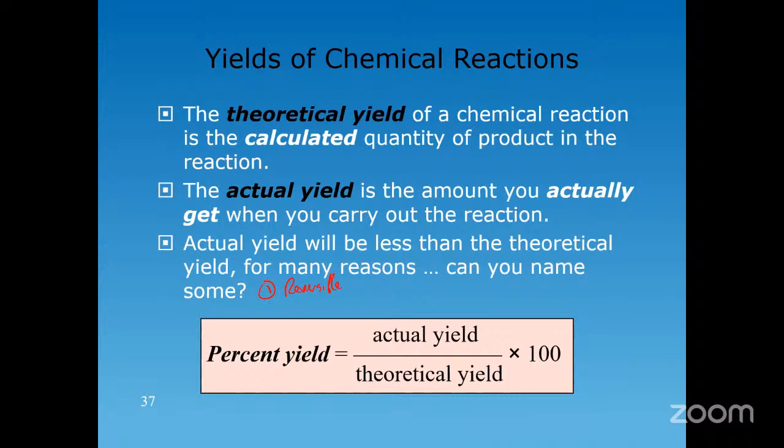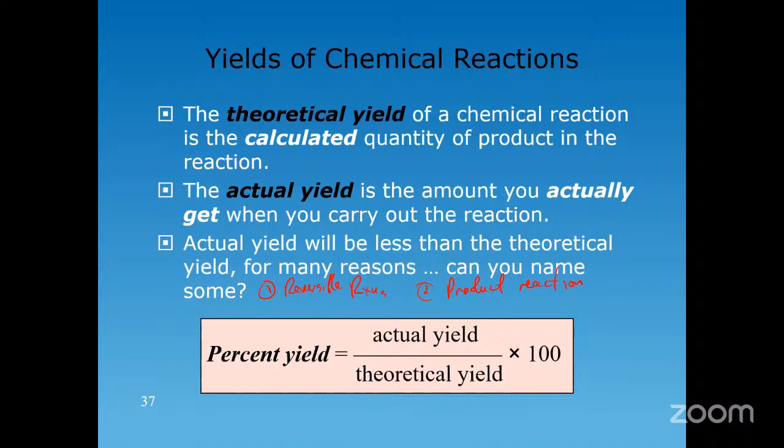So the fact that some reactions are reversible is one reason why you don't get 100% yield. Another reason is the product itself can react, right? So in other words, you get a product and then some of it reacts to form other products, right? So product reaction is another reason why the percent yield is less than 100%.